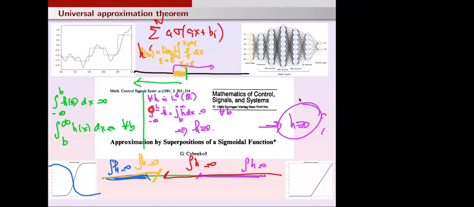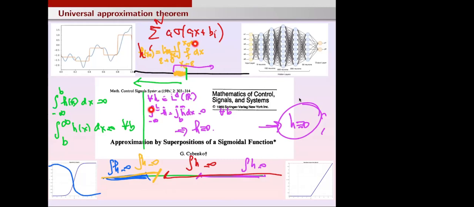Now, in practice, you see, having a universal approximation theorem is very useful. Because once I know that every function can be approximated in this manner, I know that the only thing I have to choose is just a number of parameters, right?